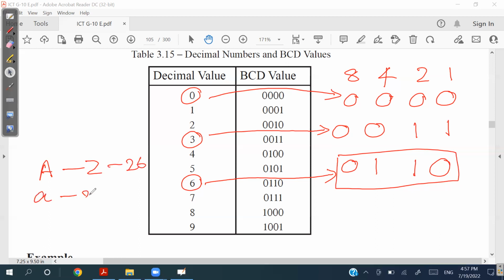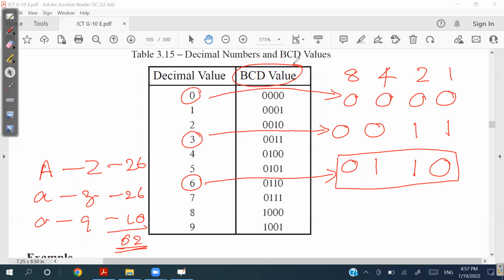From small a to small z, there are another 26 characters. From 0 to 9, there are 10 characters, right? If you think about only these, it gives you 62 different characters to represent. So to represent 62 different characters, they need 62 different combinations of ones and zeros. So BCD was not sufficient, right? Because it was made to represent only 16 different characters.